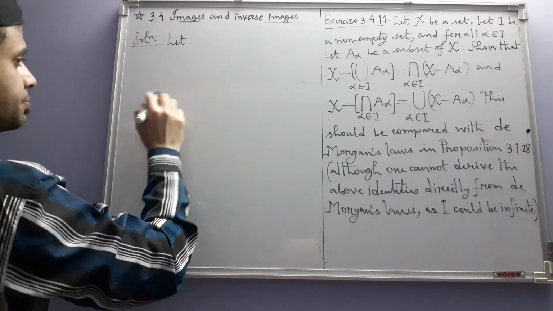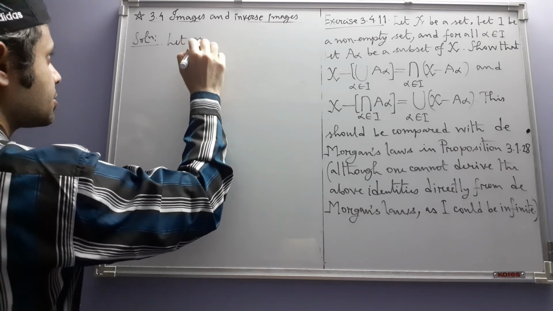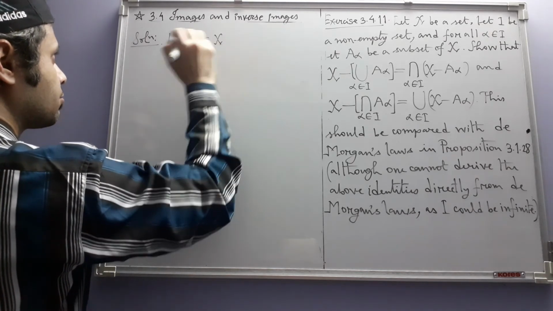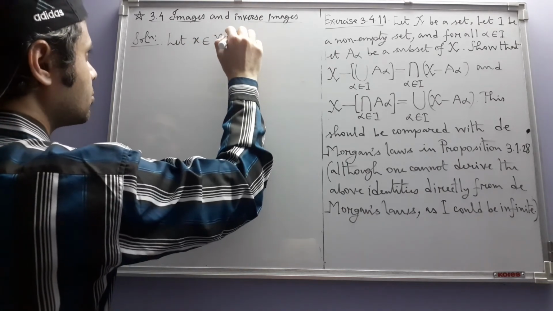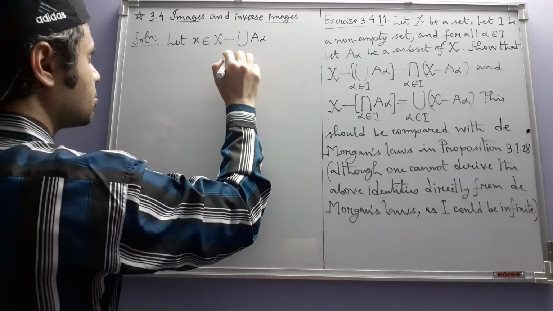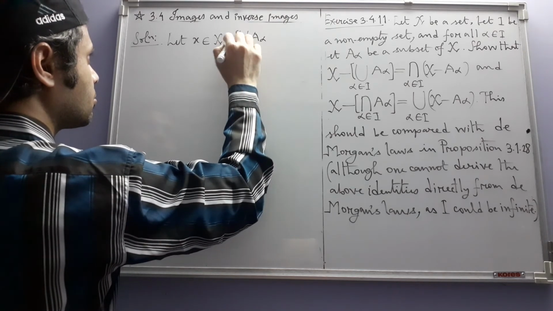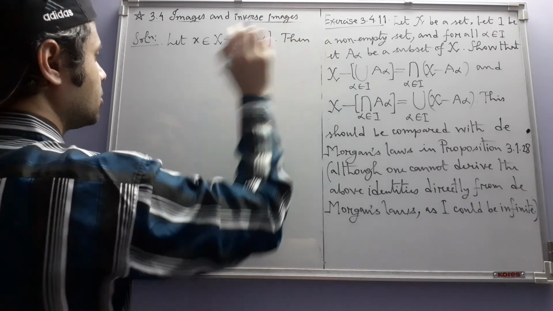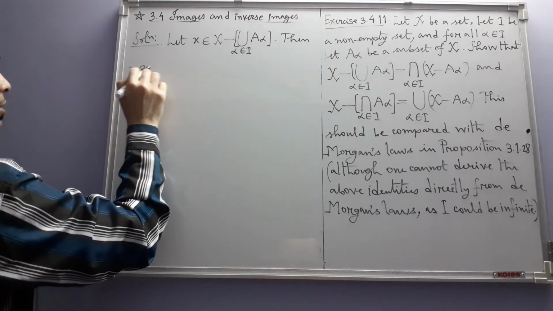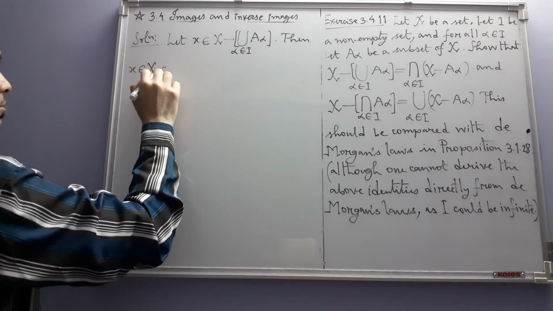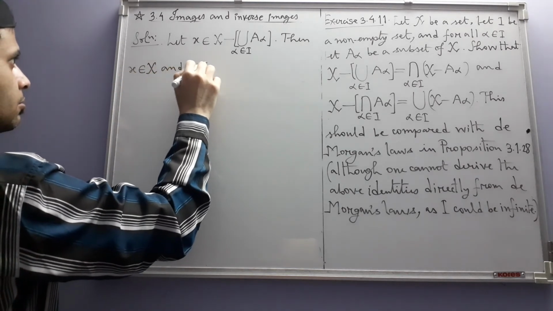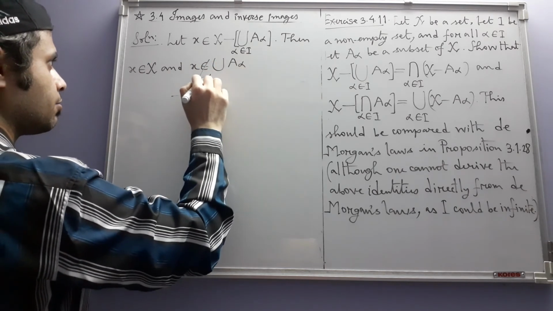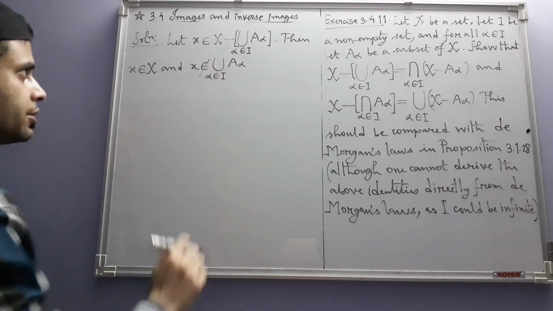Let x be any element in the first set. Then x belongs to X and x does not belong to union A alpha, alpha belonging to I.